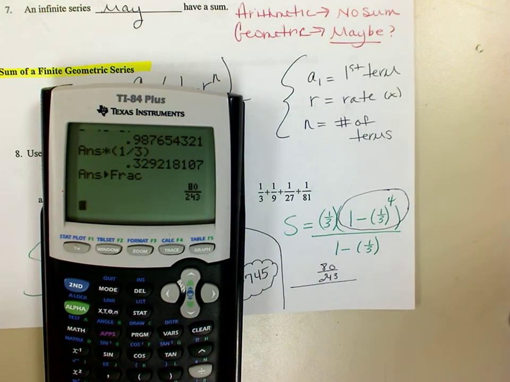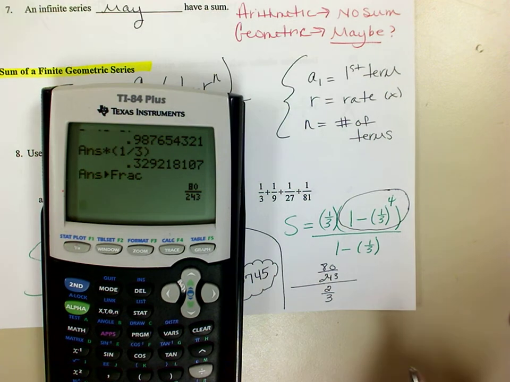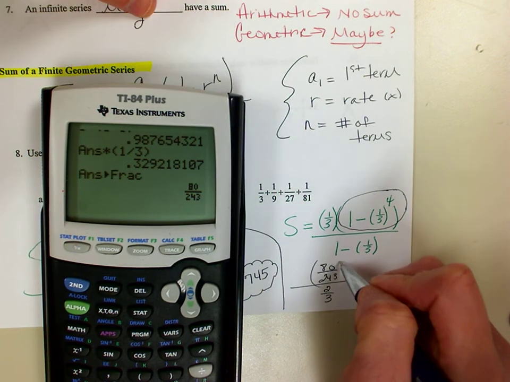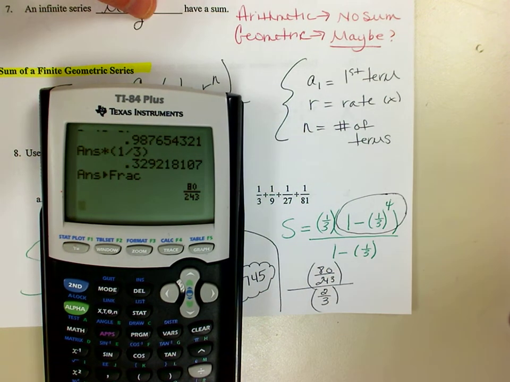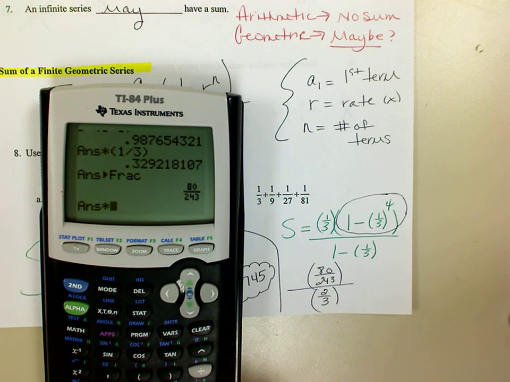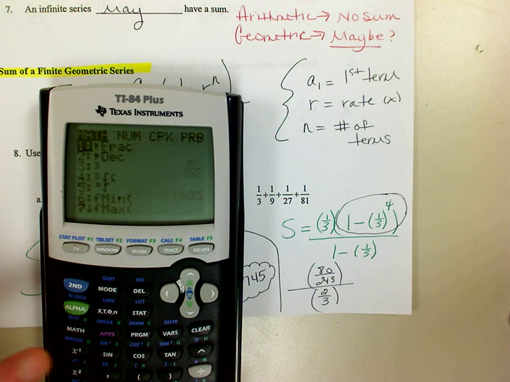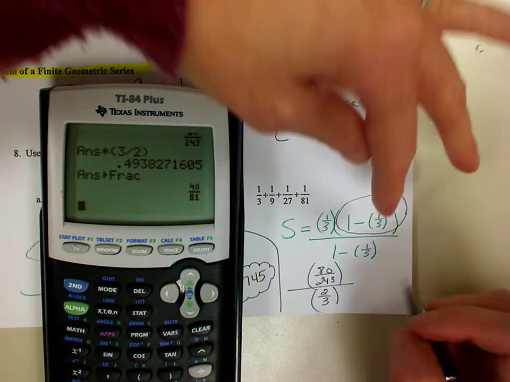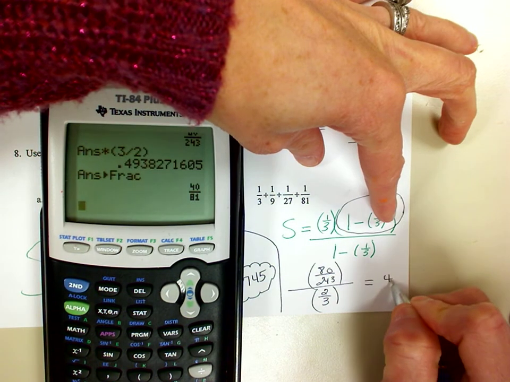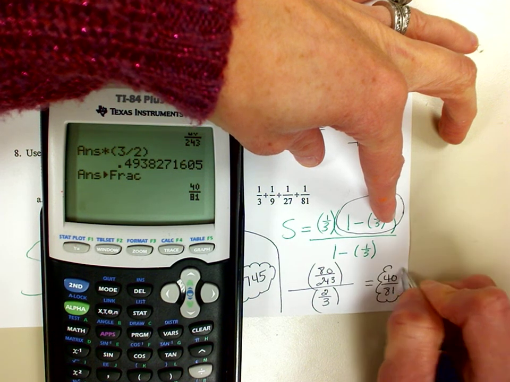And then 1 minus 1/3 is 2/3. You can either divide these fractions or multiply by the reciprocal. I'm going to multiply by the reciprocal, 3/2. And again, I want a fraction as an answer, so math, enter, enter. My sum is going to approach 40 over 81.